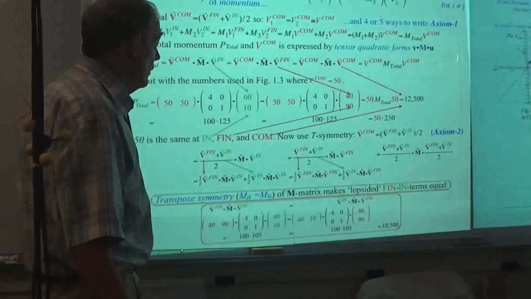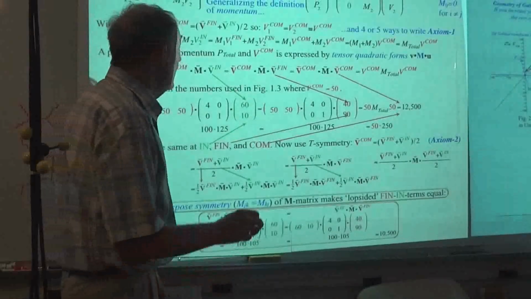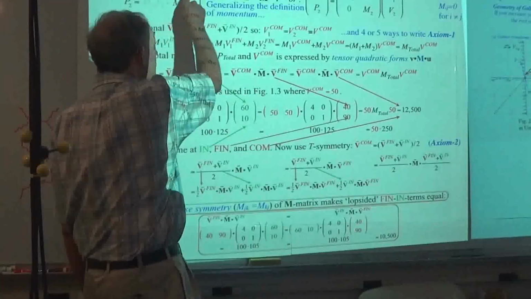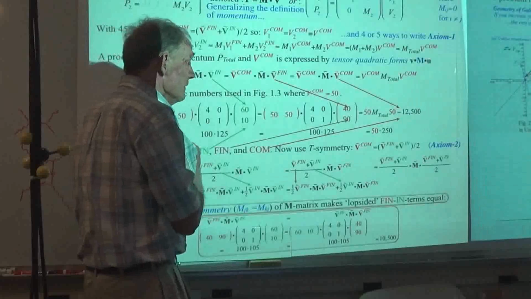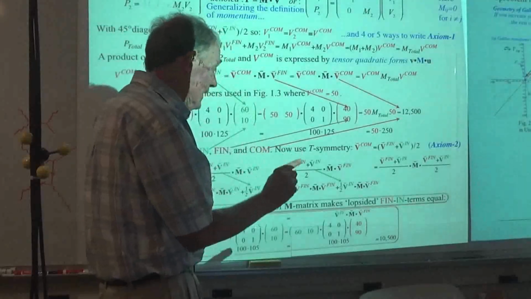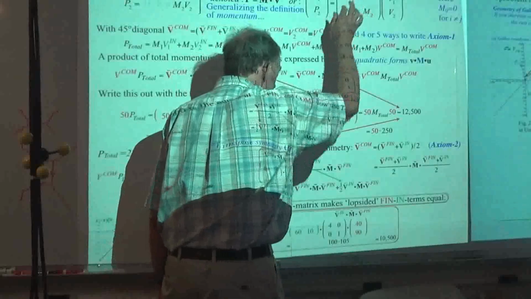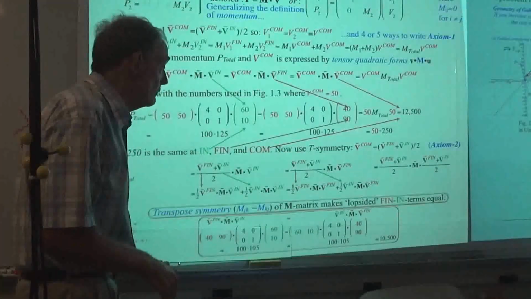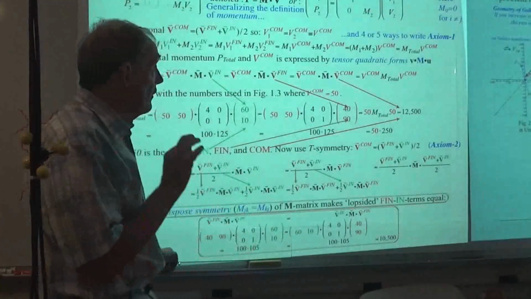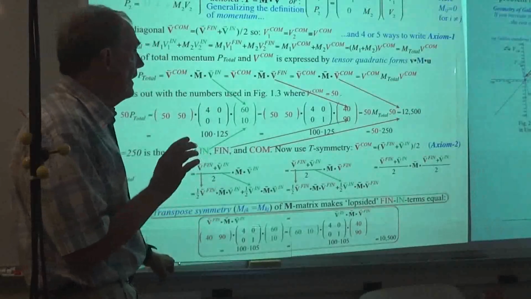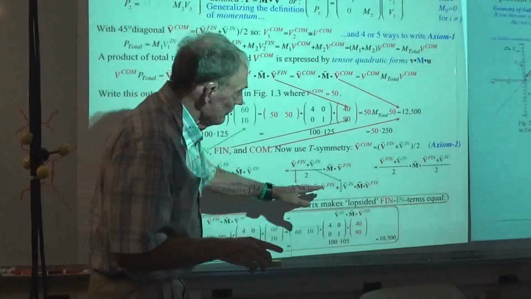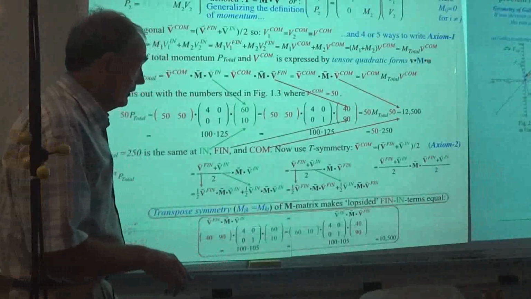Now, first of all, you have to note that even if I had off-diagonal components here, if they were the same, that is, if this were a Hermitian matrix, like quantum mechanics demands of all observable operators, then I have the same result that I'm getting here with zeros there.